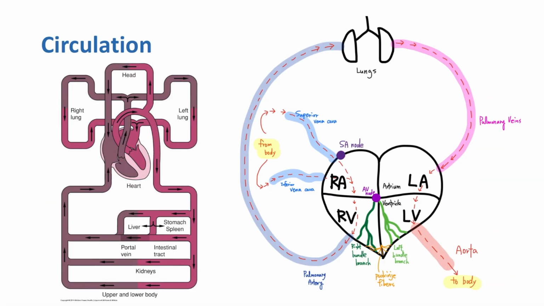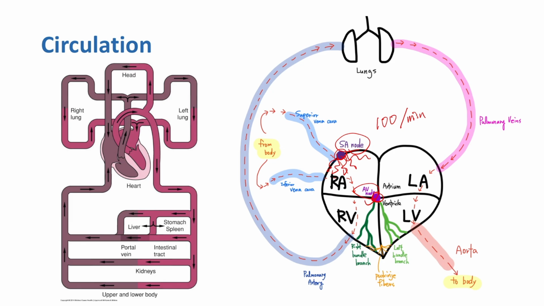Okay? Now I want you to pay attention to these 2 structures, SA node and AV node. SA node is on right atrium, and AV node is between atriums and ventricles. SA node is what makes your heart pump automatically because it can release the action potential, which is the electric signals, 100 times per minute.